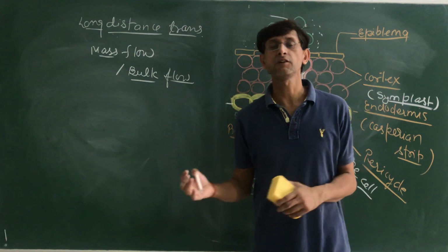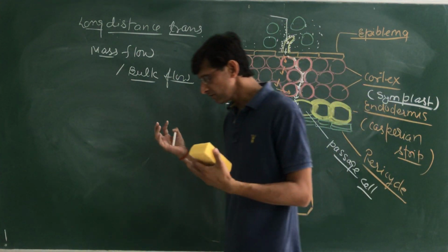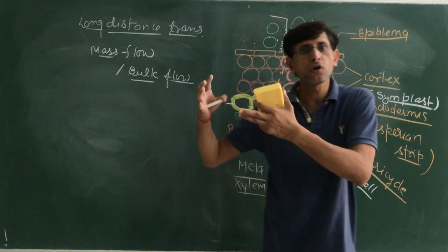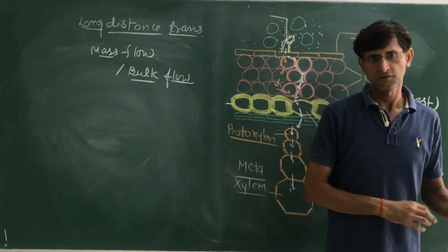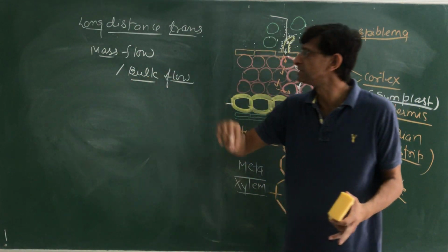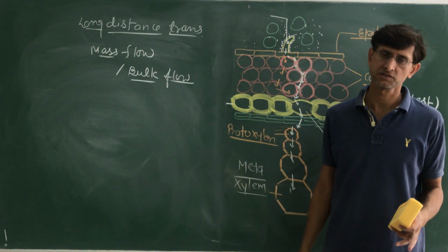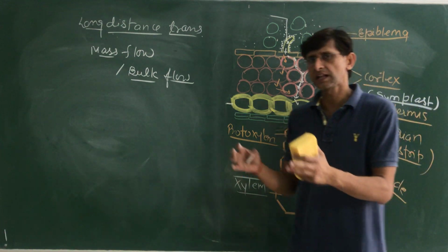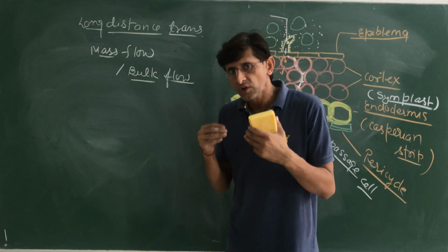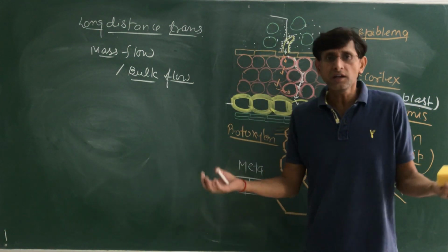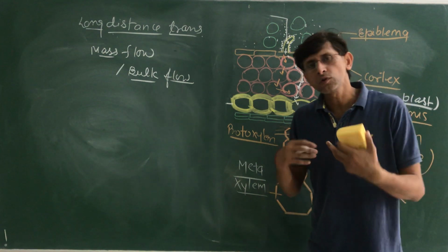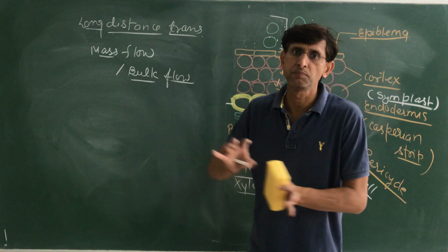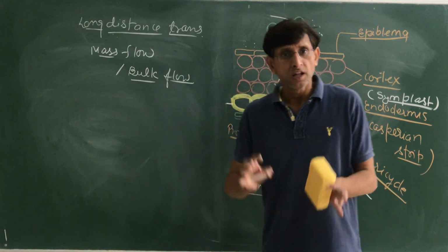Like we can see the flow of a river. In a river flow, every material dissolved in water flows at the same pace. That happens in long distance transport inside the plant body: every material flows in a dissolved condition with water, at the same pace, like a river flow.